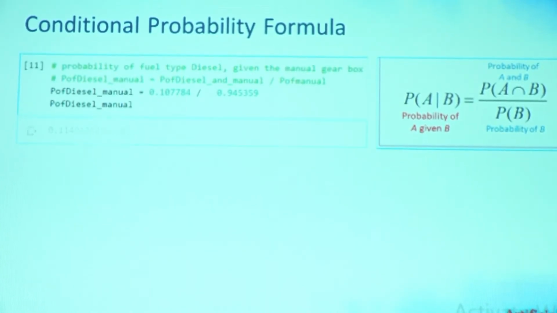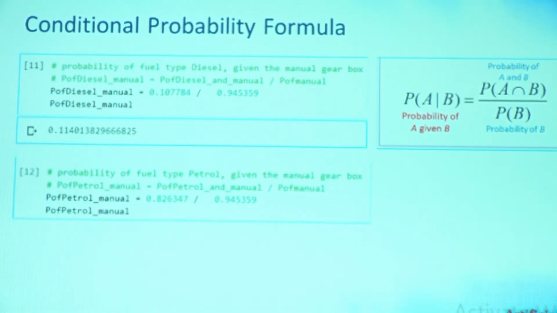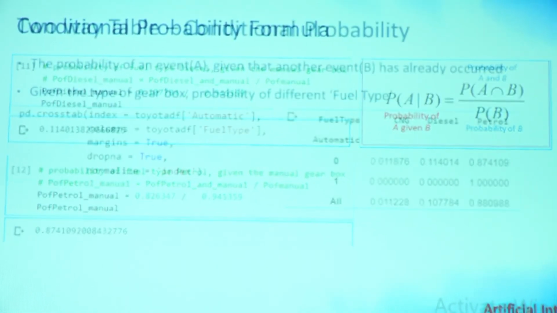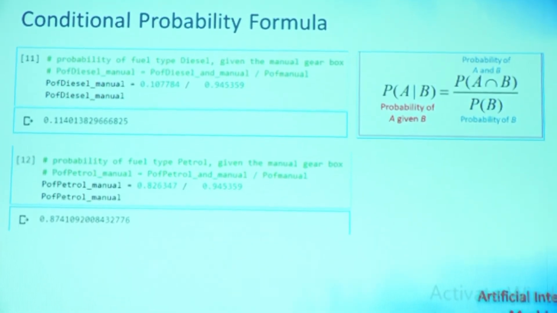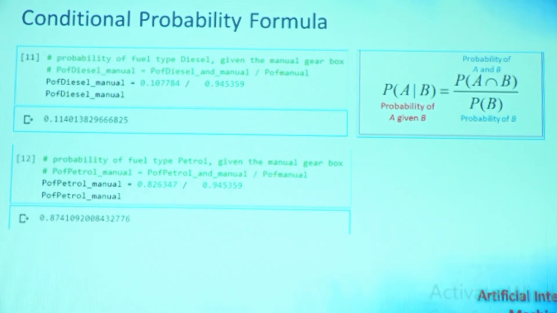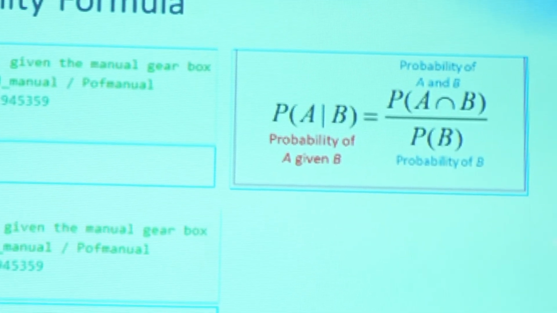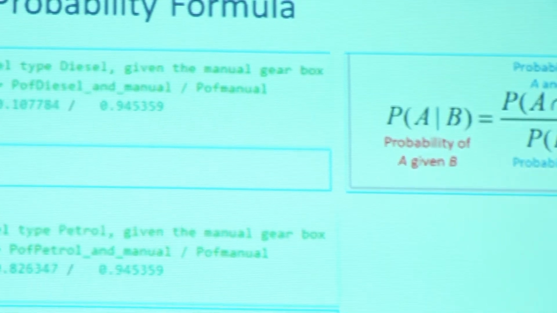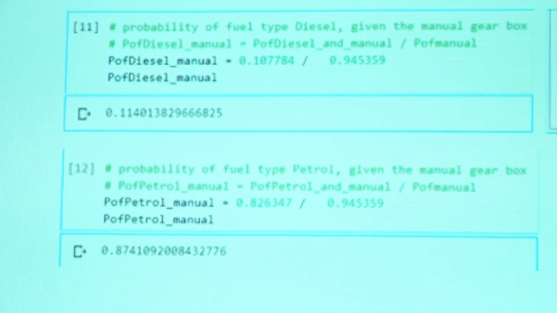This slide just verifies the formula, guys. Anyways, I'm just giving you a brief on this. You already know the conditional probability formula, right? P of A given B is P of A intersection B divided by P of B. Because of lack of time, I'm not going into much detail on these mathematical calculations.